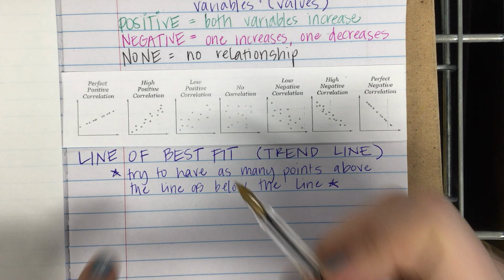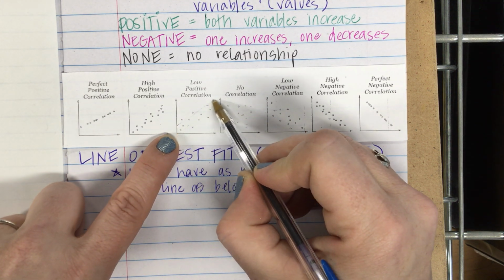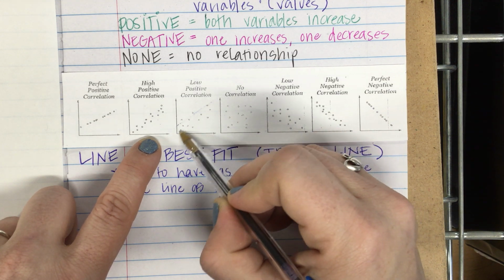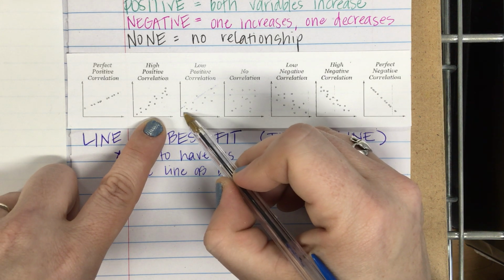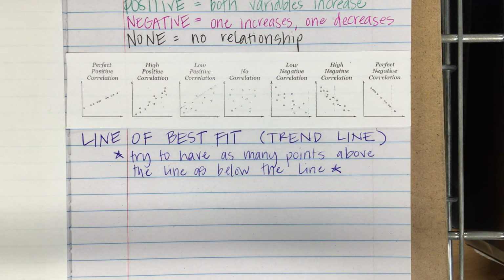Or no. Like, if I was going to draw a line of best fit here, I wouldn't go like this. I want it to be in the middle of my data. I want to try to have as many above the line as below the line. Am I saying that you have to physically count it? You can eyeball it. But you want to try to have as much data above it as below it.